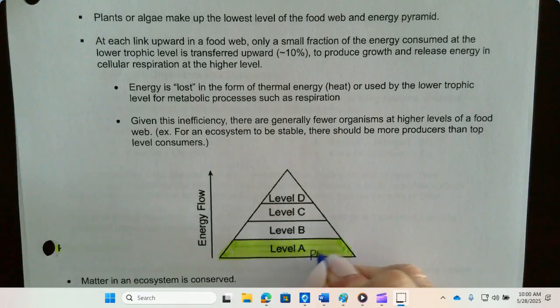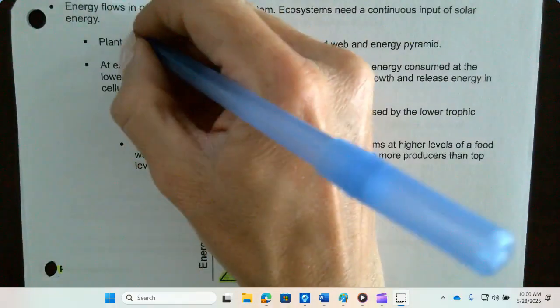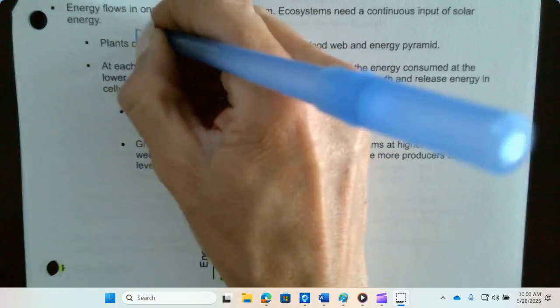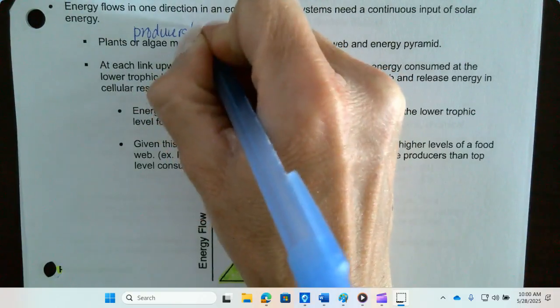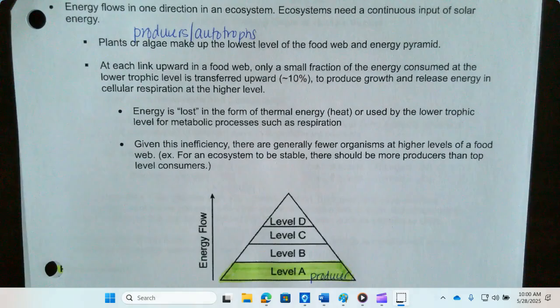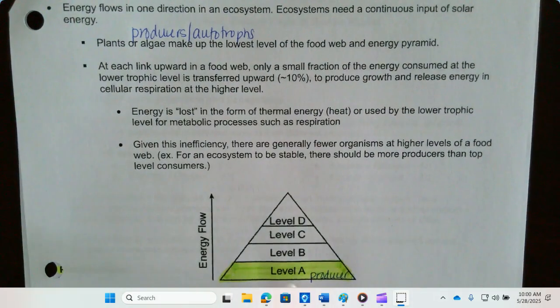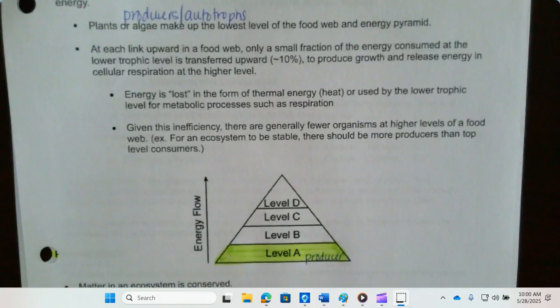So here I have producer. And here I said plants and algae. If you don't remember, plants and algae are also called producers or autotrophs. And we already defined autotrophs on the other page. And where they're getting their energy from, just like we wrote down in the first little section, is the sun.